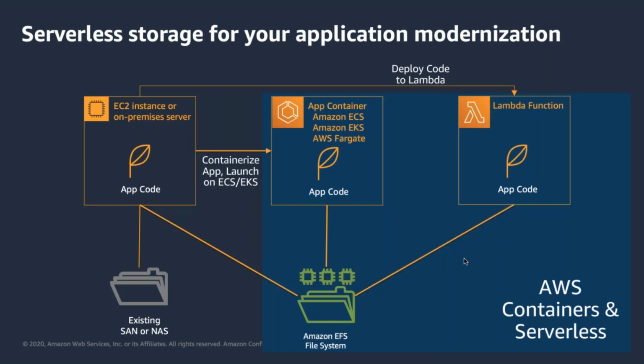So the big value of a file system like Amazon Elastic File System is it allows you to modernize the applications even that need persistent storage. So you can simply modernize your applications by containerizing or deploying them on Lambda and then having the modern container or function point at Amazon Elastic File System to serve that need.